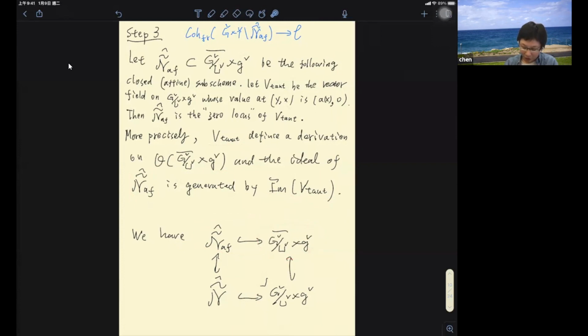And if you base change to this G mod U times G, you get this T-torsor over Springer. So it's easy to see that this affine closed subscheme satisfies this property. And so our goal now is to show that our previous functor, under certain assumptions, factors through this affine closed subscheme.